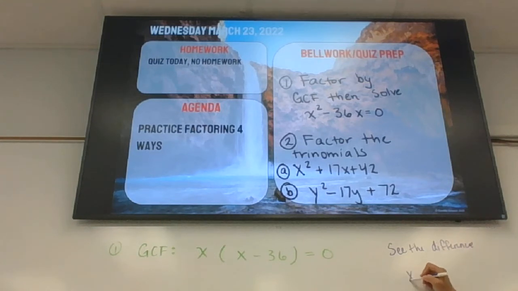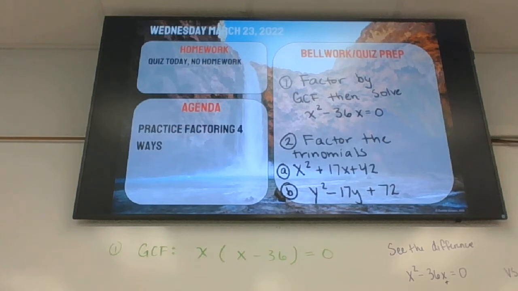This problem is x squared minus 36x equals 0 versus x squared minus 36 equals 0. If you can see, what's the only difference? Can we see a difference? The only difference is this extra x right here.